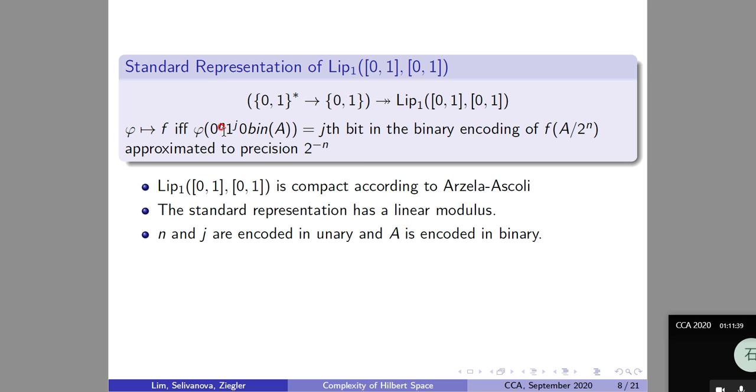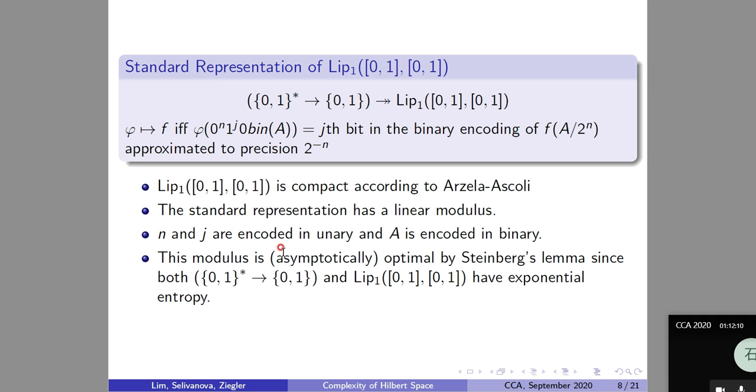Here n and j are encoded in unary and a is encoded in binary. a has to be encoded in binary to ensure linear modulus, and n and j do not have to be encoded in binary to ensure linear modulus, and they have to be encoded in unary to ensure some polynomial time computability.